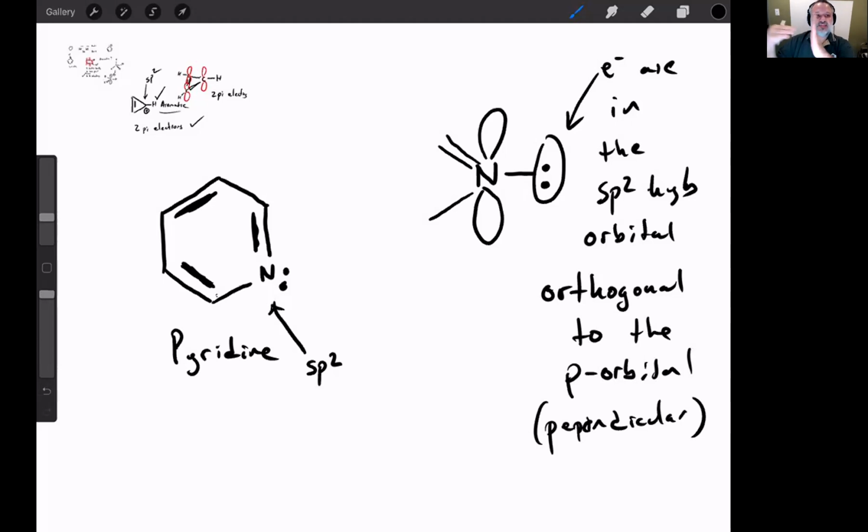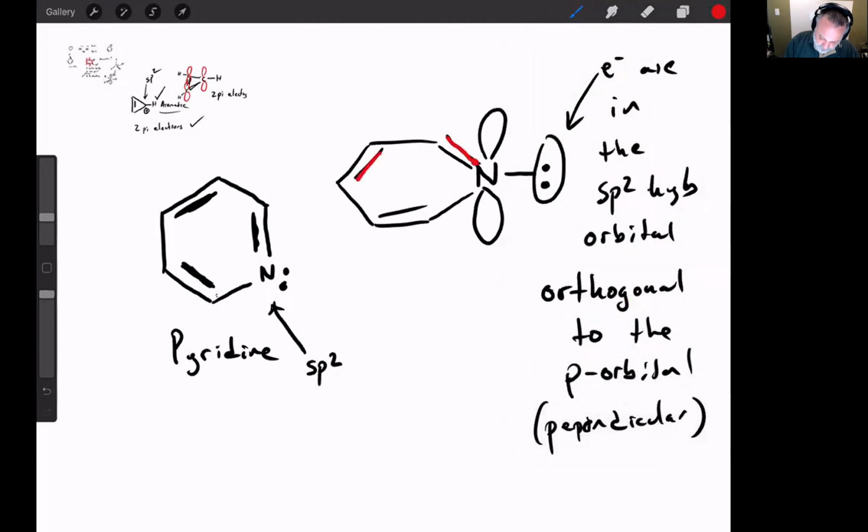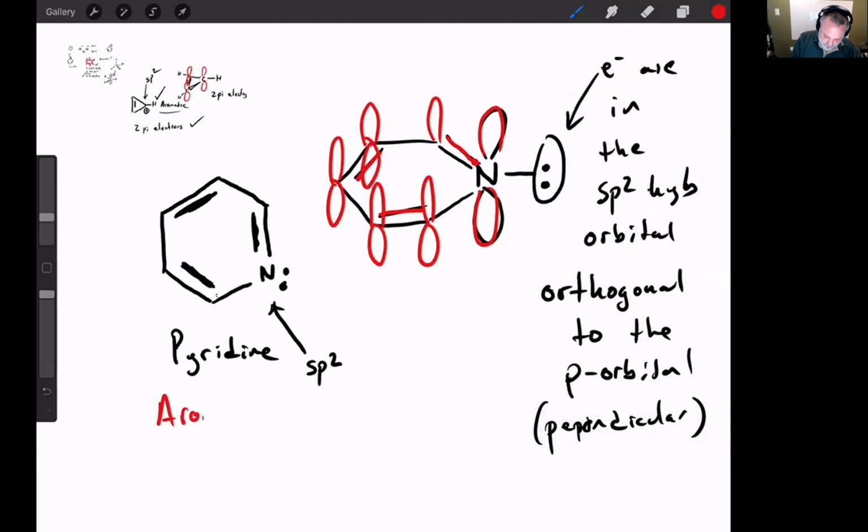Again, I say it's stuck out. And because it's stuck out, I still end up with 1, 2, 3, 4, 5, 6 pi electrons with this overlapping set of unhybridized p orbitals in a planar ring. And so pyridine is aromatic.